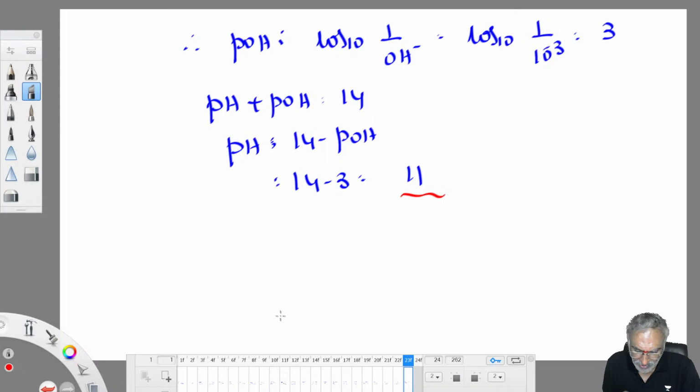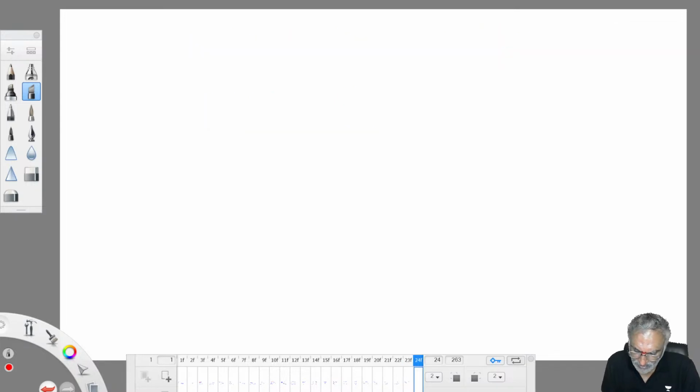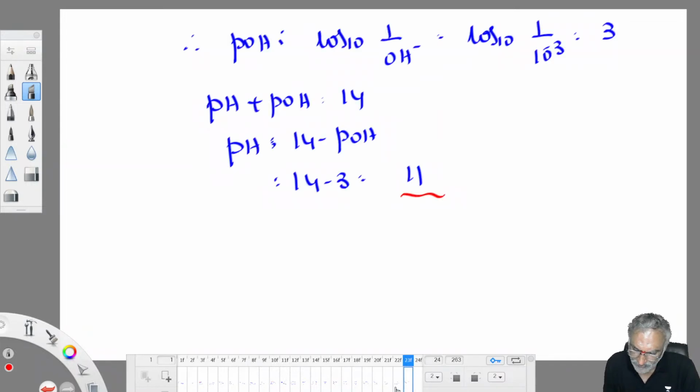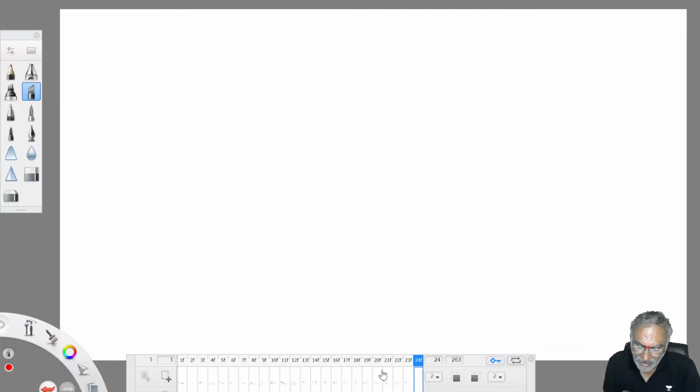I'll teach you one more concept, conversion. Similarly, I'll write here: concentration of X. X could be any chemical substance or compound. We are converting the concentration of X in different unit systems.